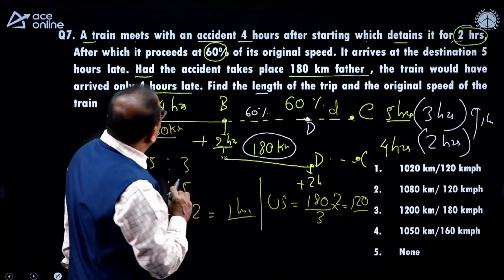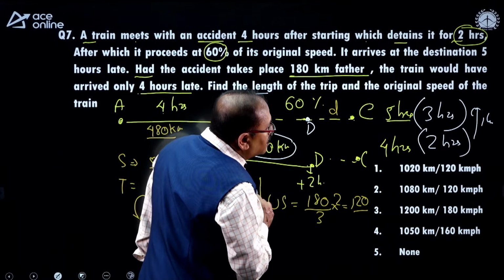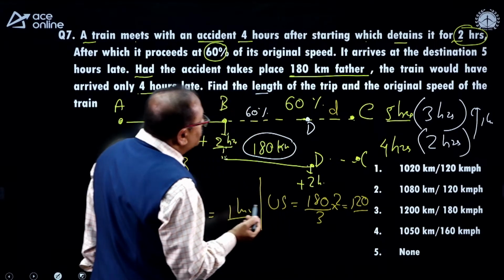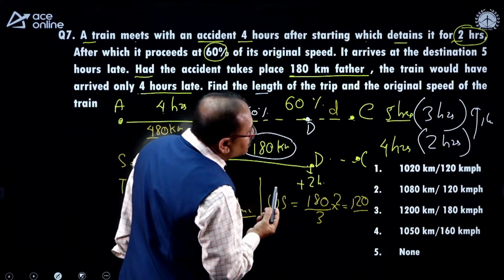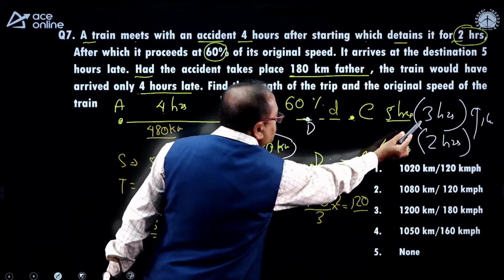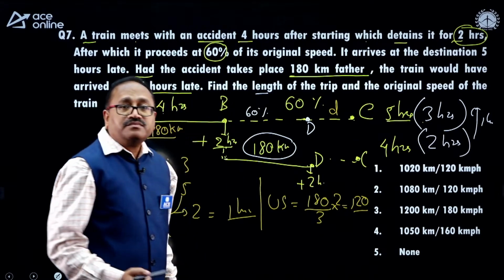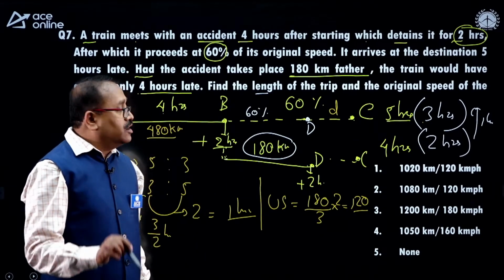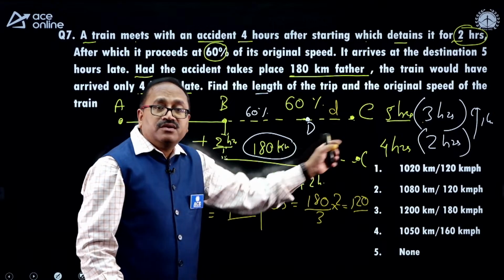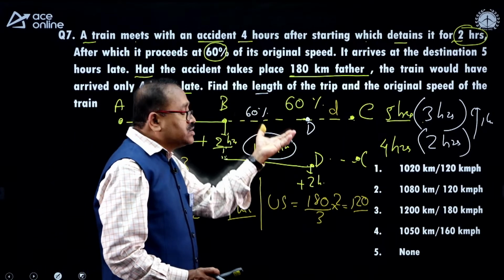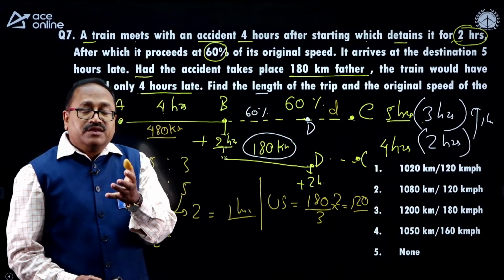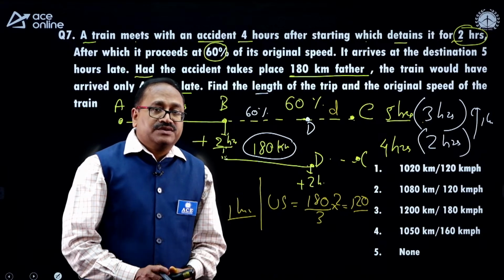Fine. No, how much will the time difference be? 3 hours. The time difference will be 3 hours in case of usual speed and in case of reduced speed.